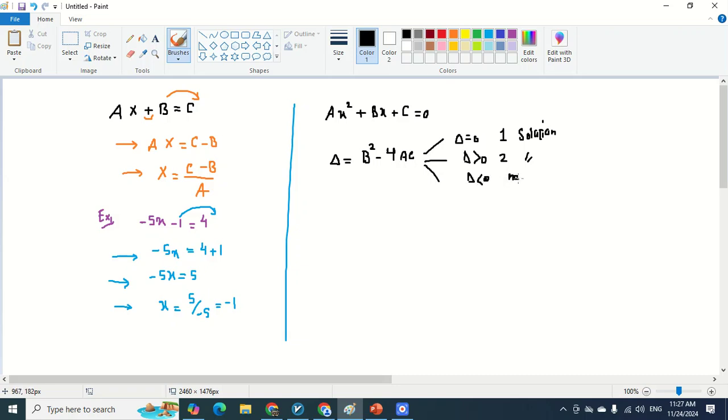No real solution. However, we have two complex solutions, but over here we can emphasize that there is no real solution in this case. And after that, x can be calculated as minus b plus and minus the root of delta over 2a.